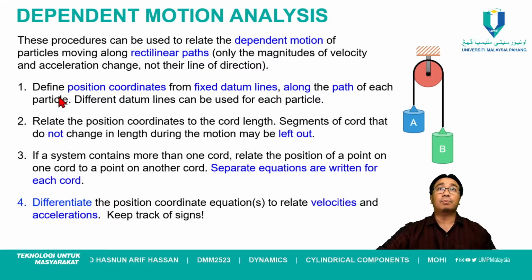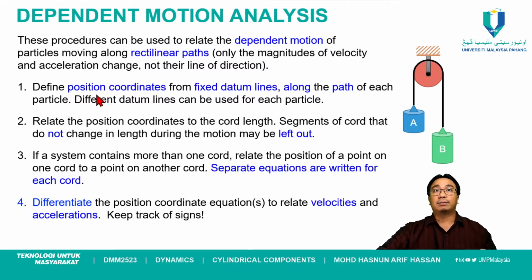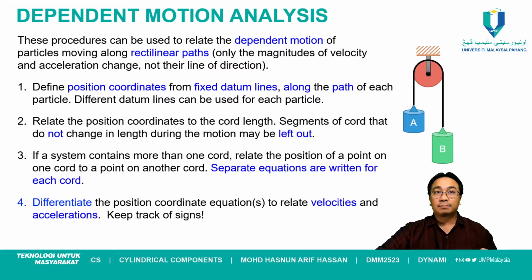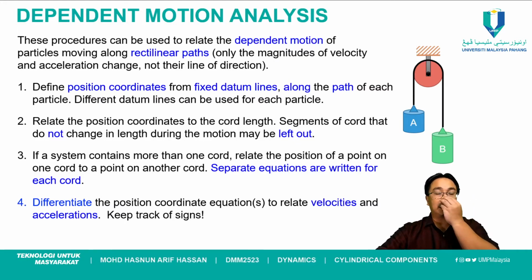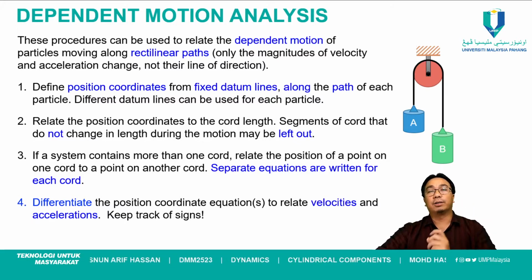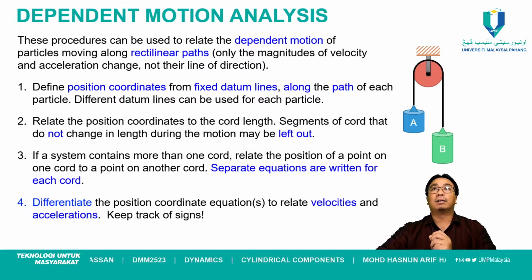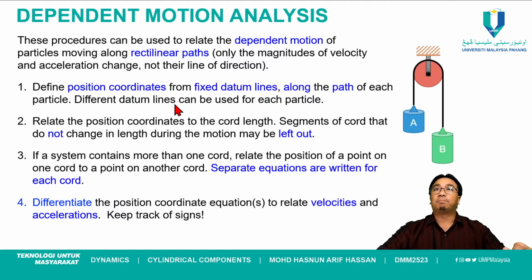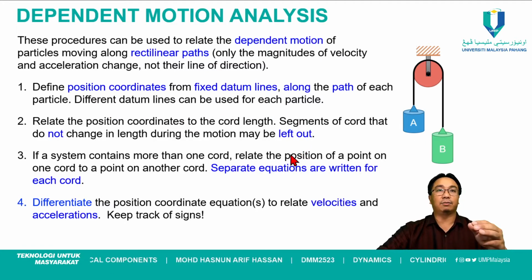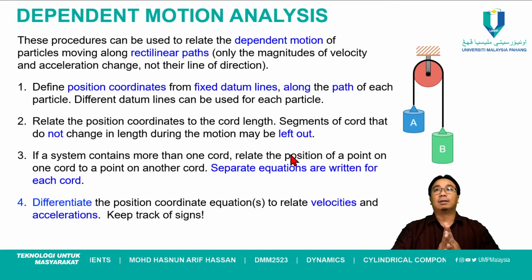Okay. So again, the first step is to define coordinate. Earlier we found the origin, position coordinates, and fixed datum line. We draw a datum along the path, and different datum lines can be used for each particle if the case is at an angle.